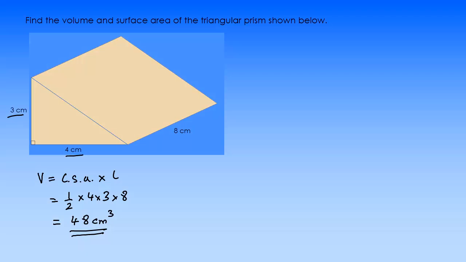Now for the surface area, let's just think about the surfaces that we need. We have two triangular ends which are 4 by 3. So the areas of those are half times 4 times 3 gives us 6 centimetres squared, and of course we've got two of those, one at this end, one at the other end.